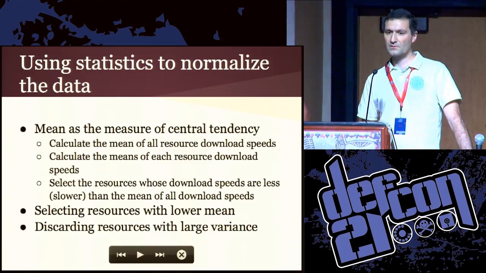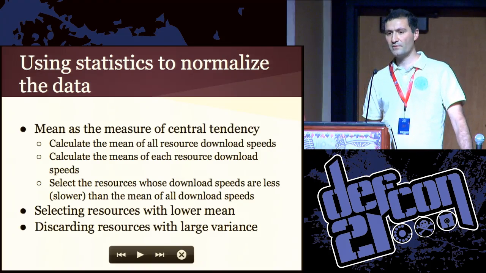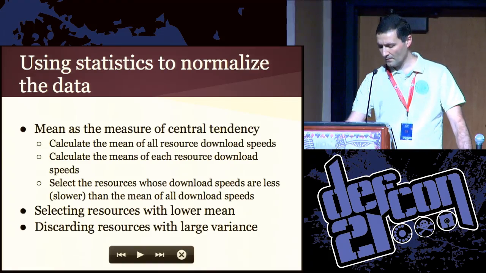We select resources that have slower download times or start to download times, and we think that this is related to CPU load. And the reasoning is that all the transfer delays, the network related ones, are the same for all the resources. So if some resource has higher transfer time, that must be resource specific, and that makes it interesting.